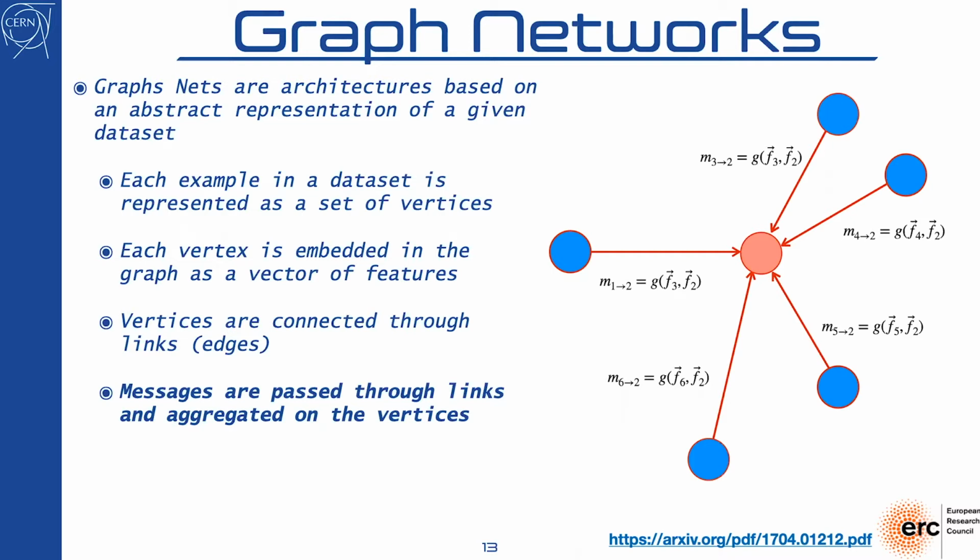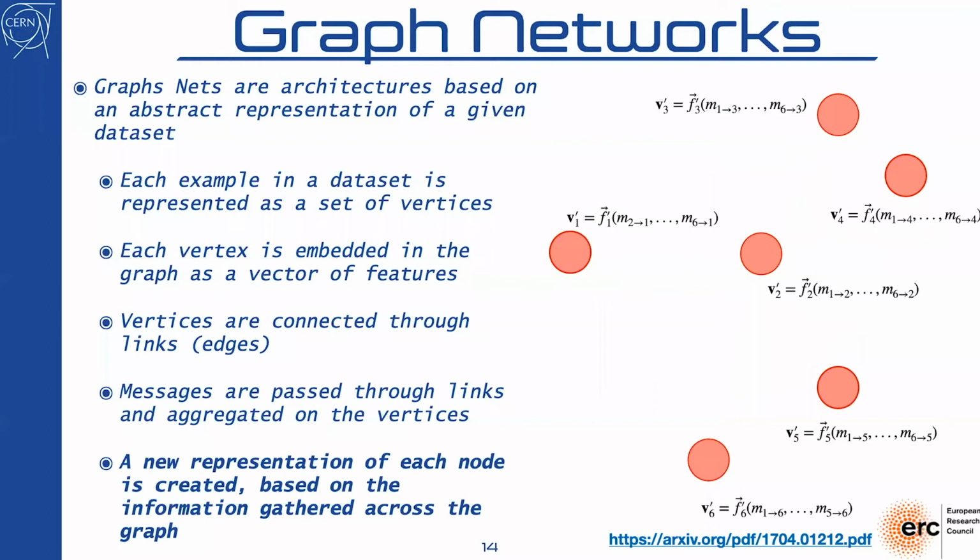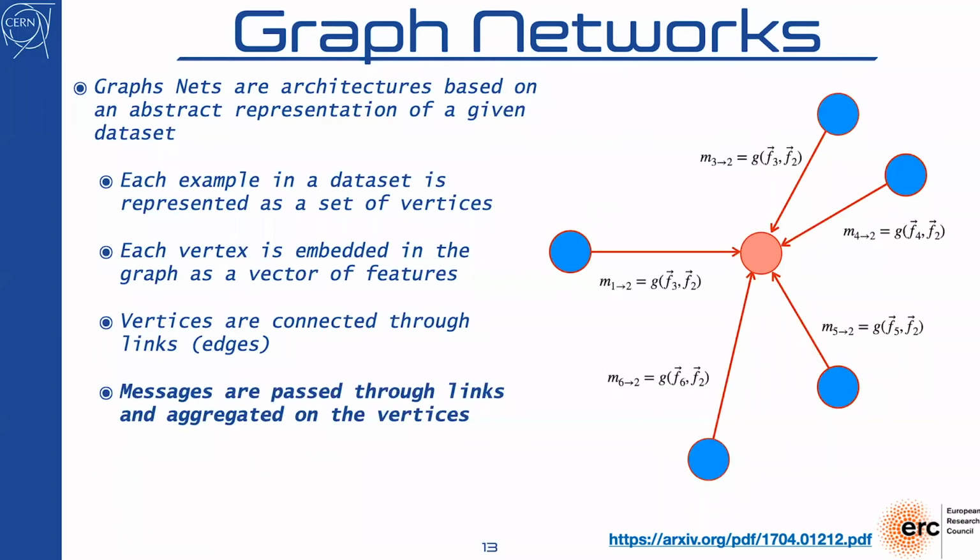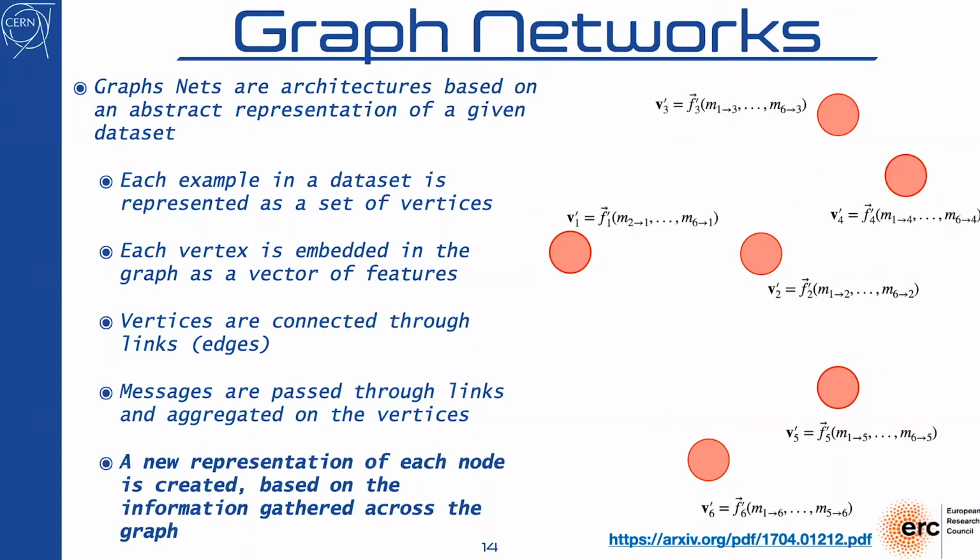But if you don't, you put a neural network, typically a dense neural network. And when you do so, you pass the message, which means that you compute all these messages: M 1 to 2, 6 to 2, 5 to 2, 4 to 2, and so on.